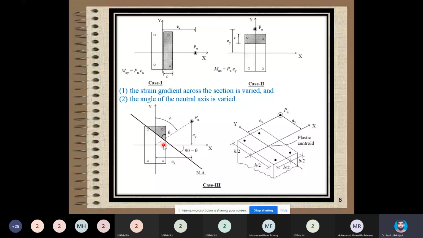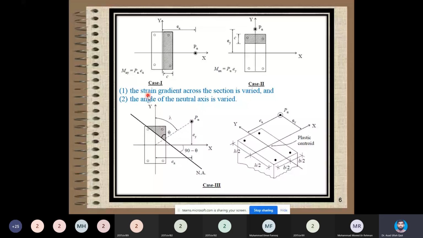Moreover, the second challenge is that we can estimate lambda because Ex and Ey will be given. We can estimate lambda, no problem at all. But the relationship of theta and lambda is not well established: if this is the lambda, this will be the theta. I need to iterate what the angle of the neutral axis will be.